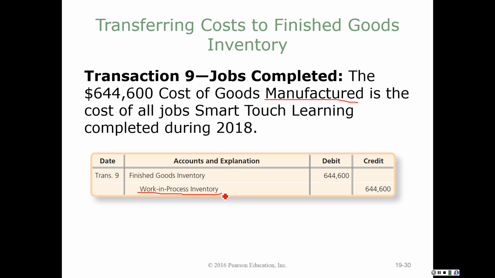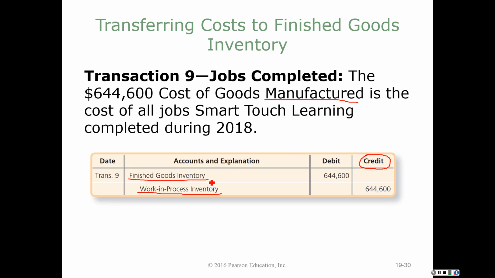And remember, everything was a debit going into work in process. Now it's finished. So in order to move it out, we have a credit. So we credit work in process to get the job 27 out, or 28. And where do we move it? We move it to finished goods inventory, still on our balance sheet.